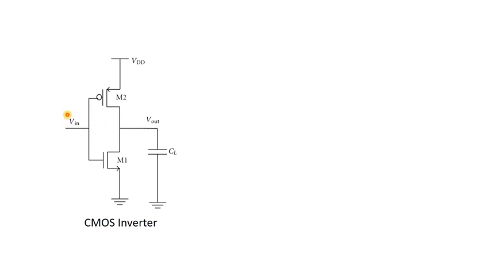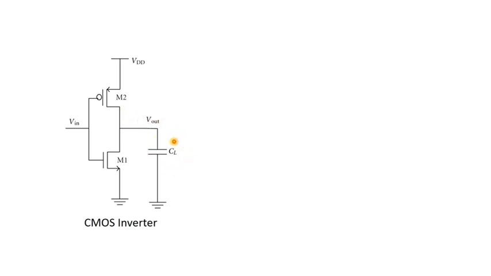So for other NMOS inverters, when this V input is high, then this NMOS is on. That is true, but the load will not be completely off. So there is also some current that will flow from this VDD through this load, and that will try to again charge this CL.